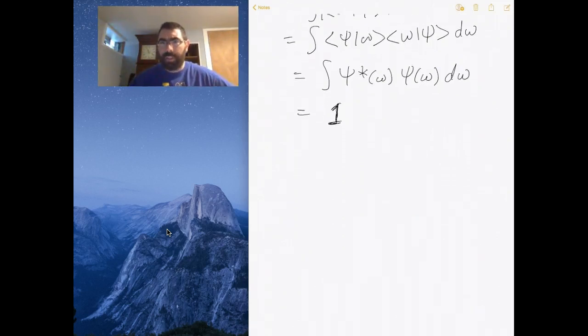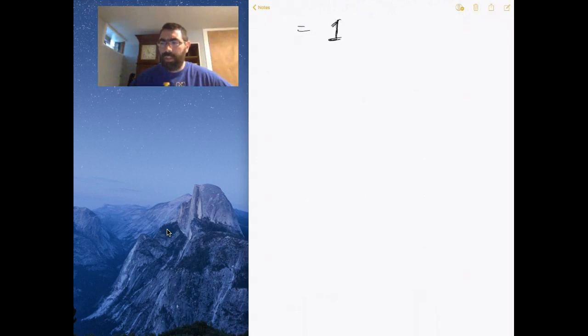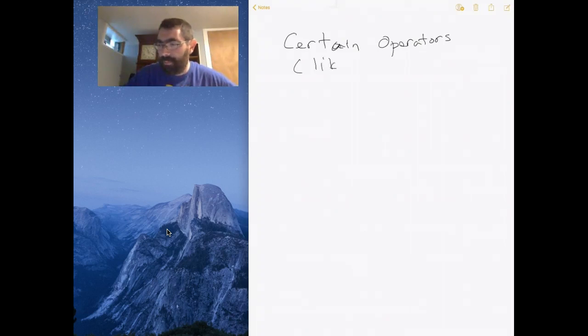So the final complication with quantum mechanics is that there are going to be certain operators, like intrinsic spin, which do not have classical analogs.